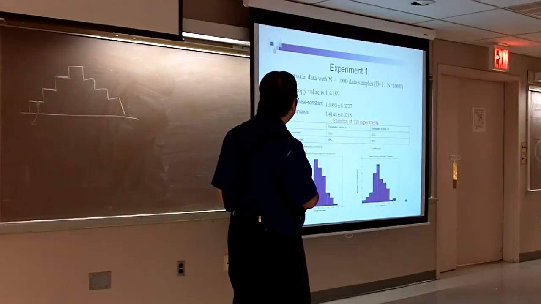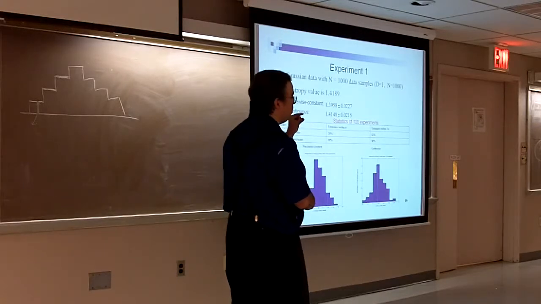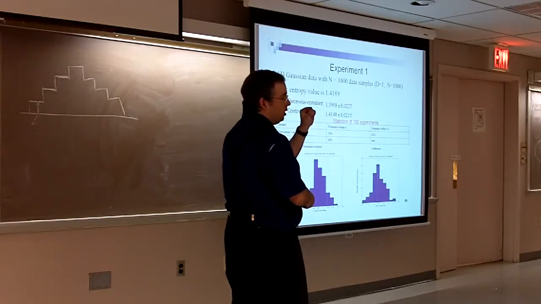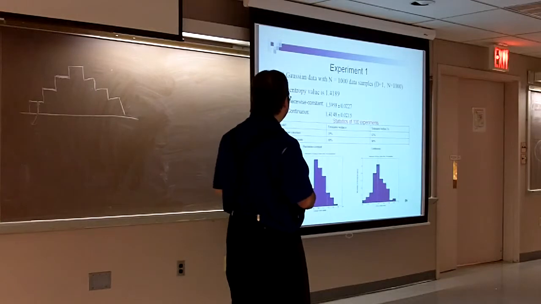The piecewise constant model has very poor results, as you see. That might be due to that reason. Estimates within one standard deviation, the error bars, is 29%, which is very low.